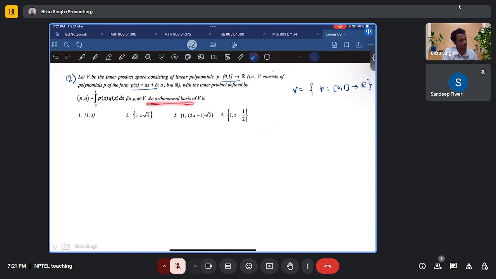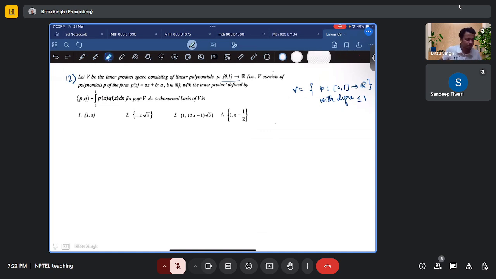Now we need to find an orthogonal basis for these polynomials. It is polynomials with degree less than or equal to 1. It is already given that all polynomials will look like this kind of thing.